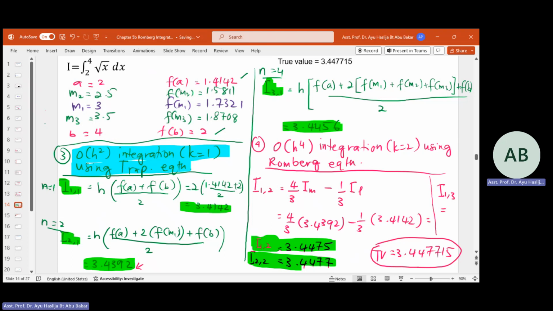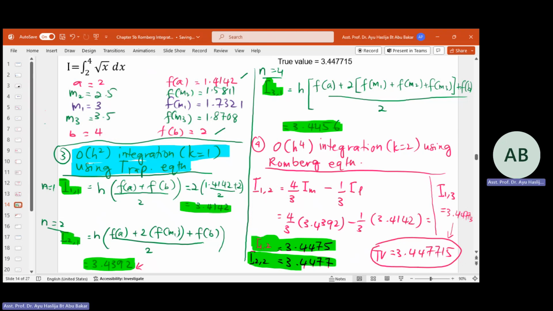Using the equation for level 3. Come again? 3.447713.